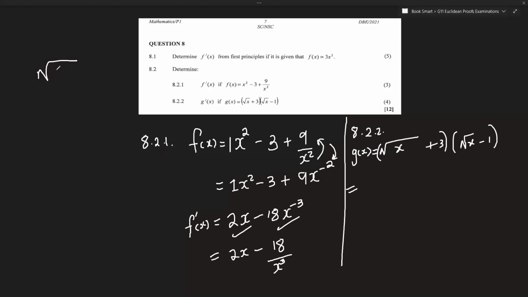Let's say I have a inside here, and then let's say the root here is m, the exponent here is n. This can be written as a to the power n over m. The exponent inside becomes the numerator, the root becomes the denominator.